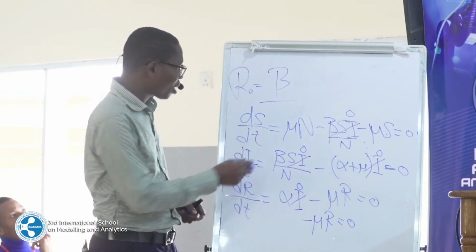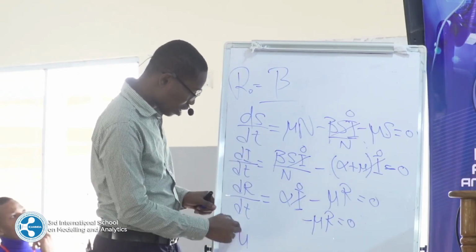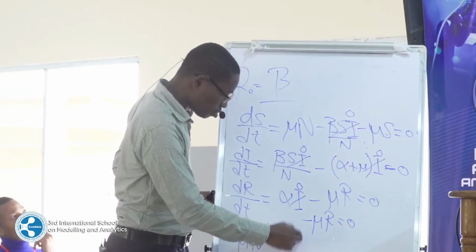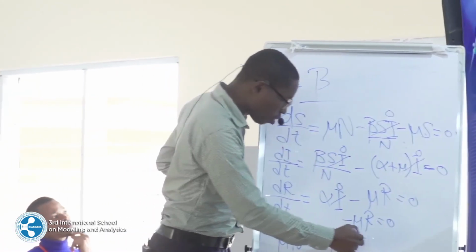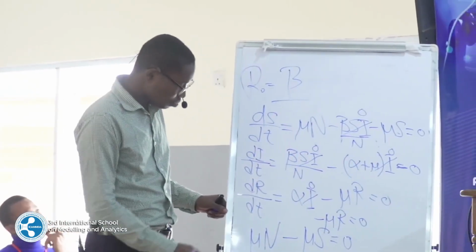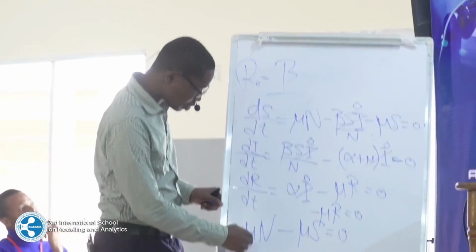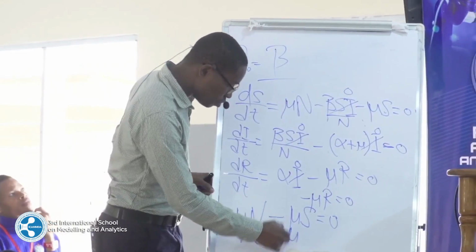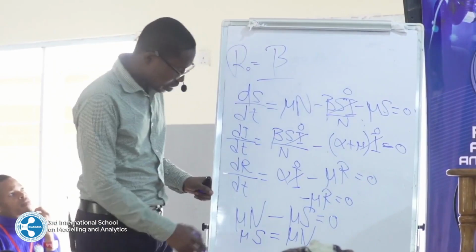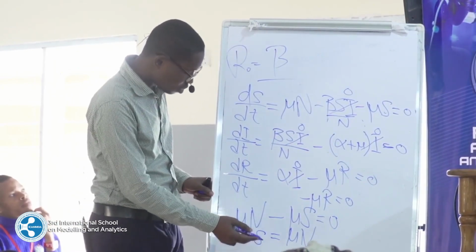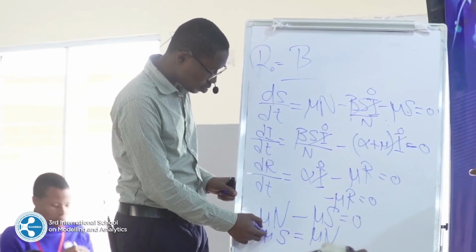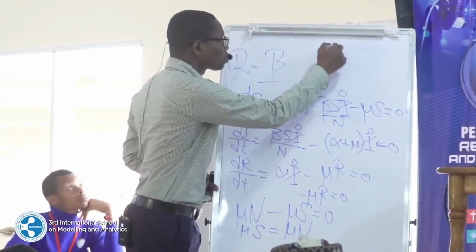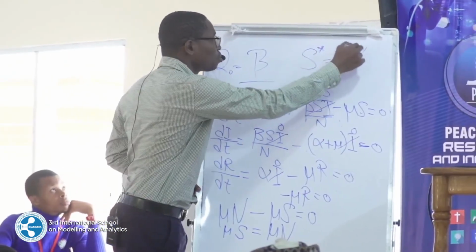What about our S? Here we have mu N minus mu S equals to 0. So we have mu S equals mu N. If we divide through by mu, we have S star equals to N star.